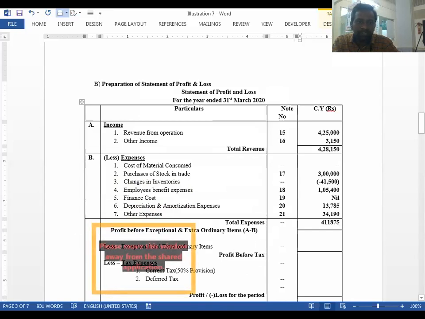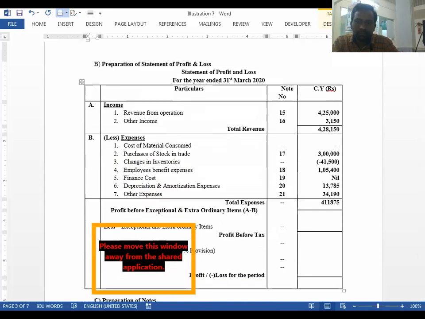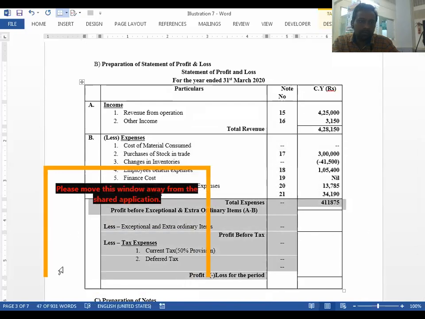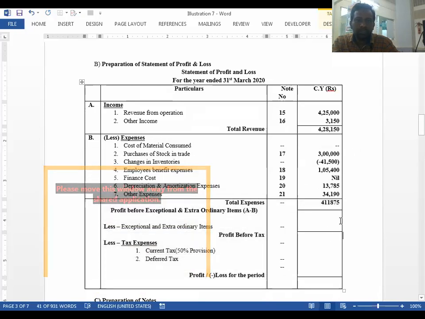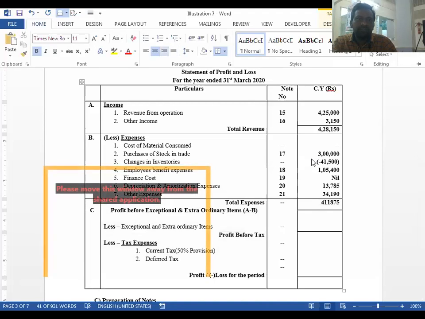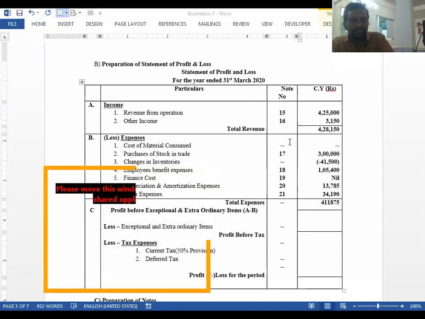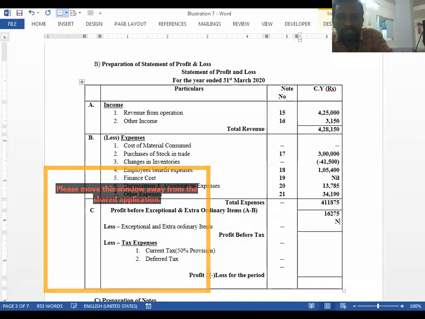So profit before exceptional and extraordinary items, C, is total revenue minus total expenses, total A minus total B. That is 16,275. Exceptional items are not given in the problem, that's why it is nil.